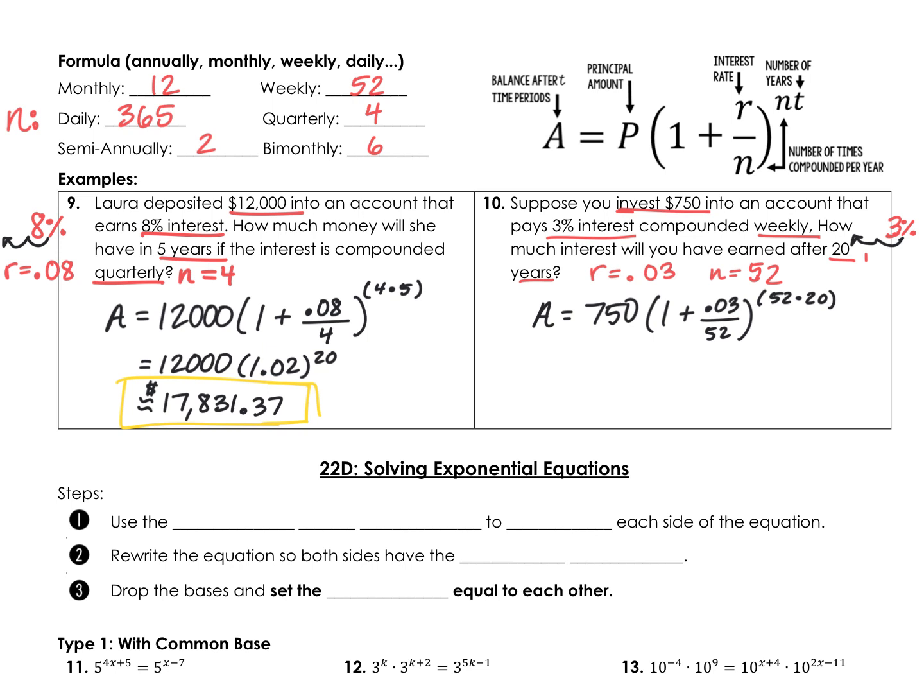So 750 times 1 plus 0.03 divided by 52. Okay, you will know you've done it in your calculator correctly if you get this. 1,366.35. I always forget my dollar sign. Okay? If you are not getting that, then it's probably a parentheses issue, so please talk to me.